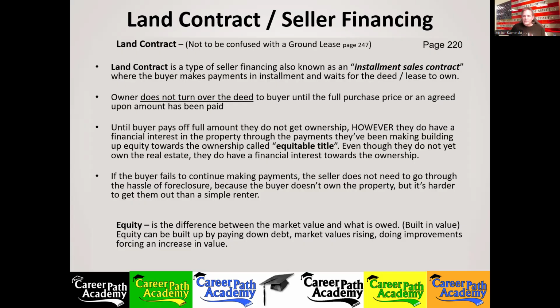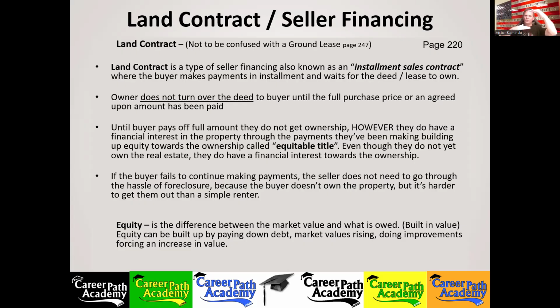All right. Now, equity, I got a definition down here for you. It's the difference between the market value of the property and what's owed on it. It's that built-in value. And you could build equity in three different ways. You buy a property at market value, and through your periodic payments, paying down the loan, you build equity, the difference between what you owe and what the value of the property is.